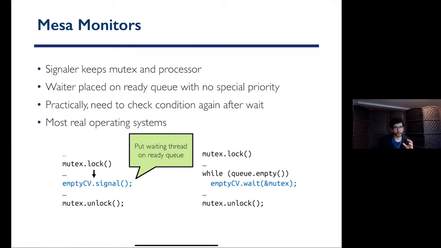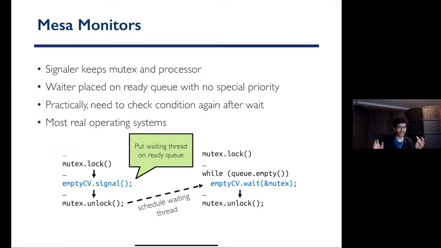Now it's up to the operating system's scheduler to pick the next thread to run. It well could be that we run ourselves and finish. And once we're done, at some point, the scheduler picks the thread that just woke up and executes it. This one is called Mesa.